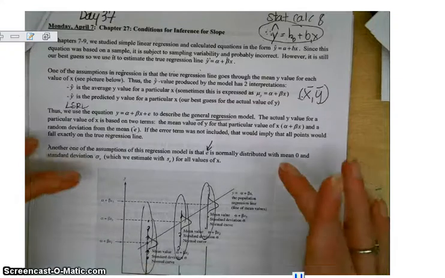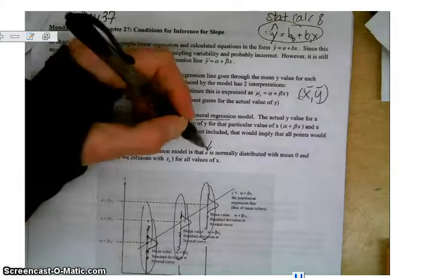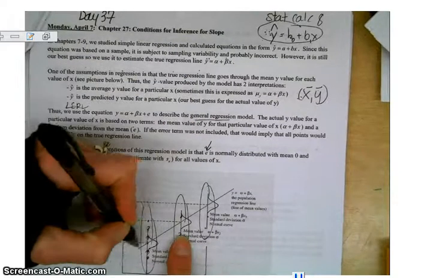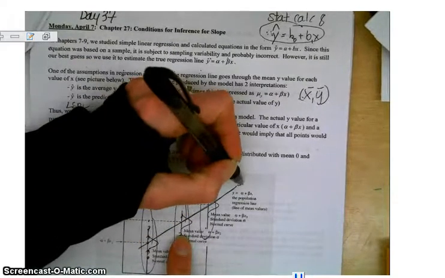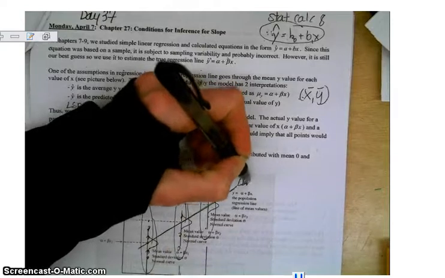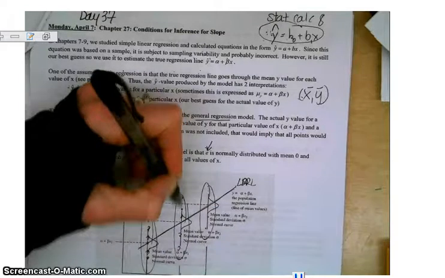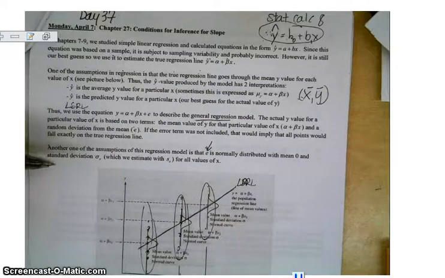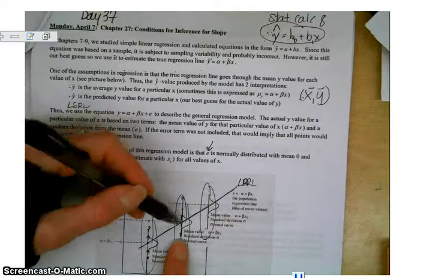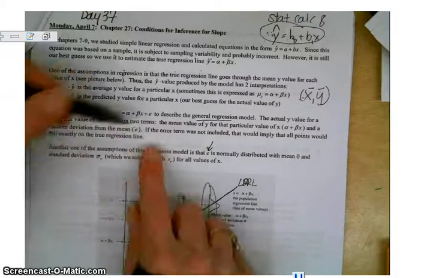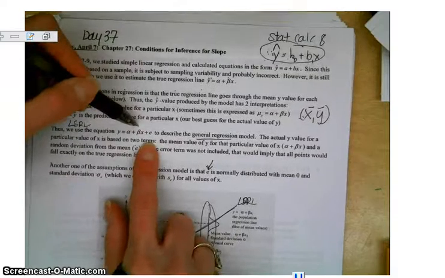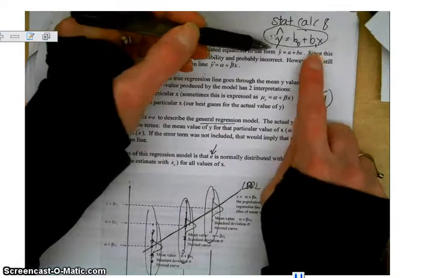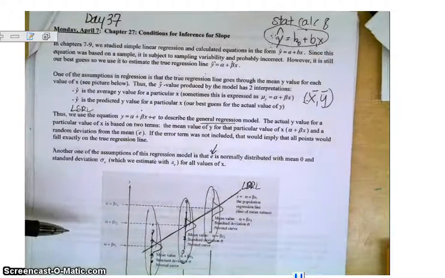And E, the error that we're talking about, is kind of like a residual. Here's our least squares regression line, and here's our different data values. They are different distances from that least squares regression line. That's like your error. That's what you have to add to the general regression equation in order to make it all work out, to fit your statistics, your estimation.